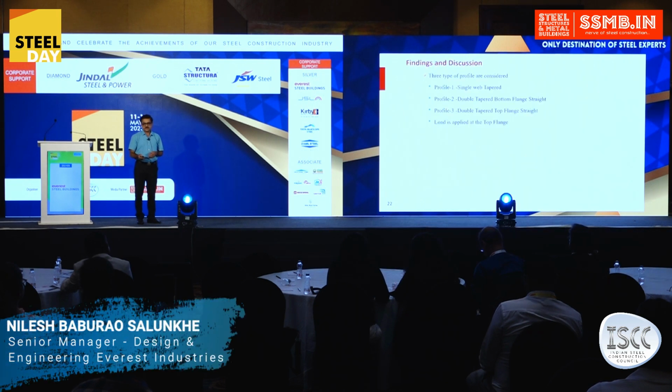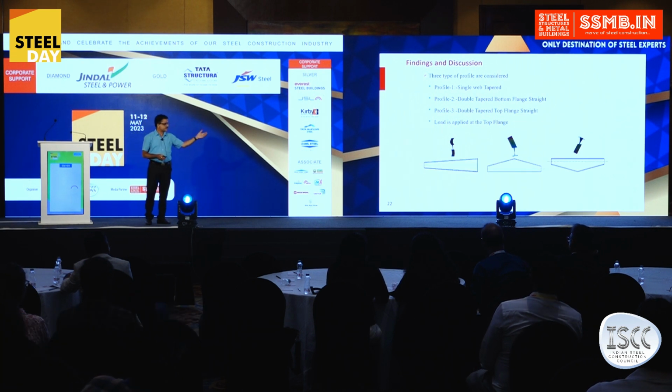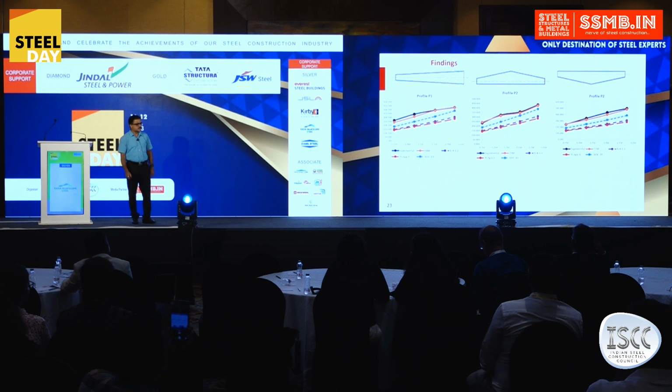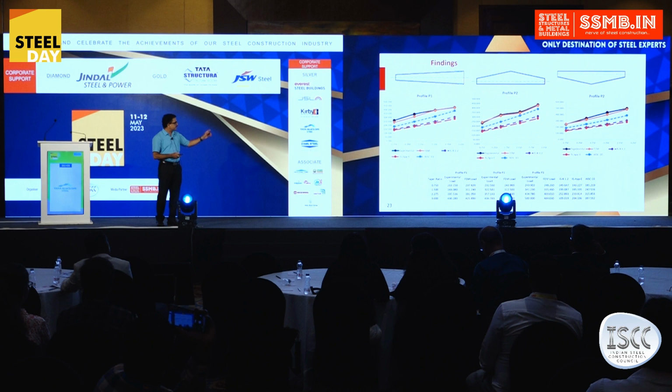So as we said, these are the three profile types we have discussed, and above these three sections, the finite element section is shown on the screen. So we can see the results displayed on the screen, for profile type 1, profile type 2, and profile type 3.